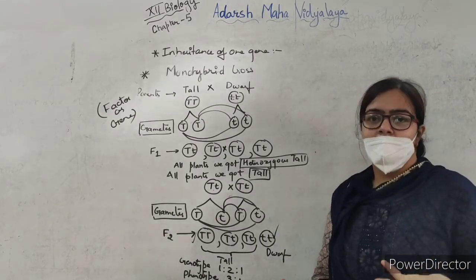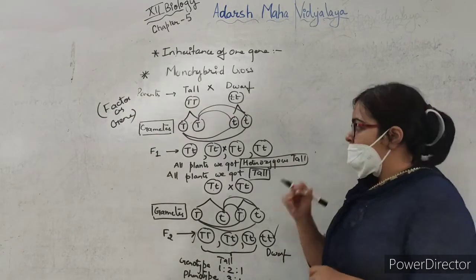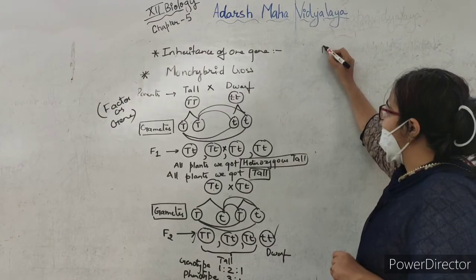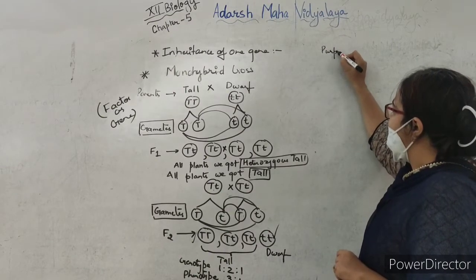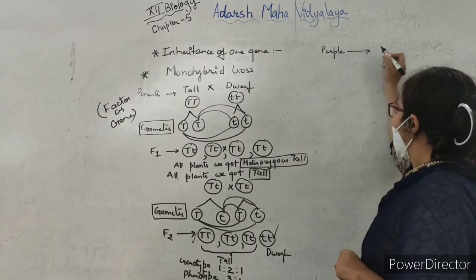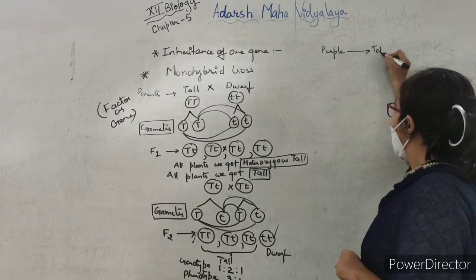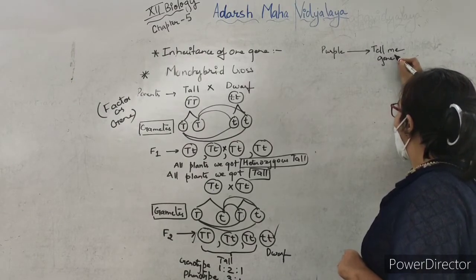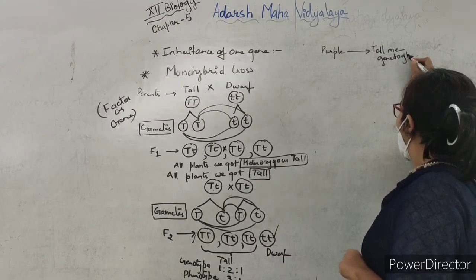Phenotype we can say and we can tell. So let me give you an example, that I gave you a particular purple flower and I told you, you tell me the genotype of this flower.